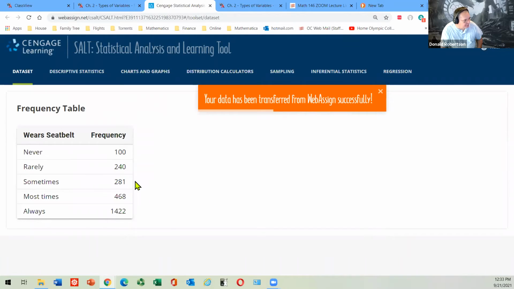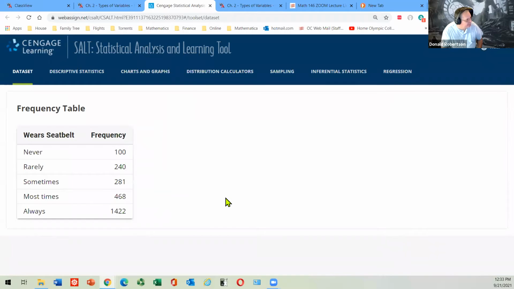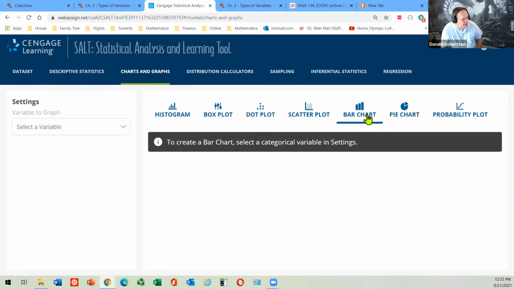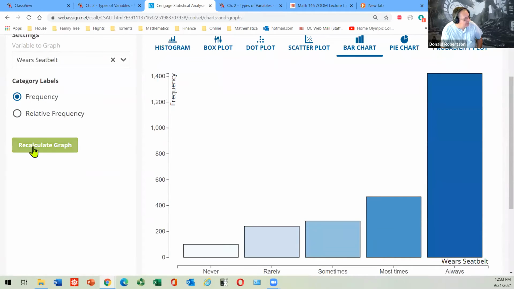And you can see the same data that we had, the stuff here. And now you can click on various things. For instance, if I click on charts and graphs, and then I click on wearing seatbelts, and then I do relative frequency.